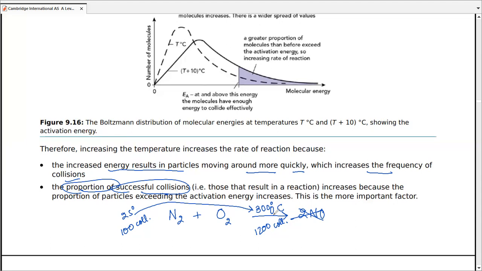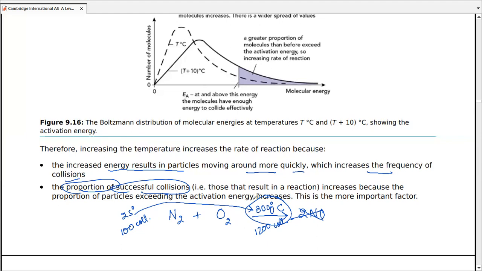But are those collisions going to be successful or effective collisions every time? No, that might not actually be true. That might only be attained when we go at least equivalent to or more than the activation energy, which is only going to be the case closer to our actual requirement. Make sense?